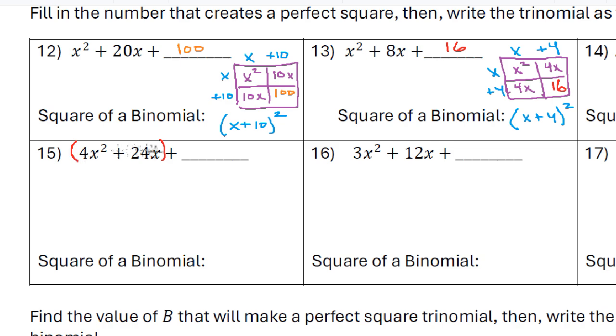We're going to factor out the 4. And we're going to be left with 4 times x squared gets us back to 4x squared. And 4 times 6x gets us back to 24x. And now we're going to figure out what we're going to add to that to make a perfect square.